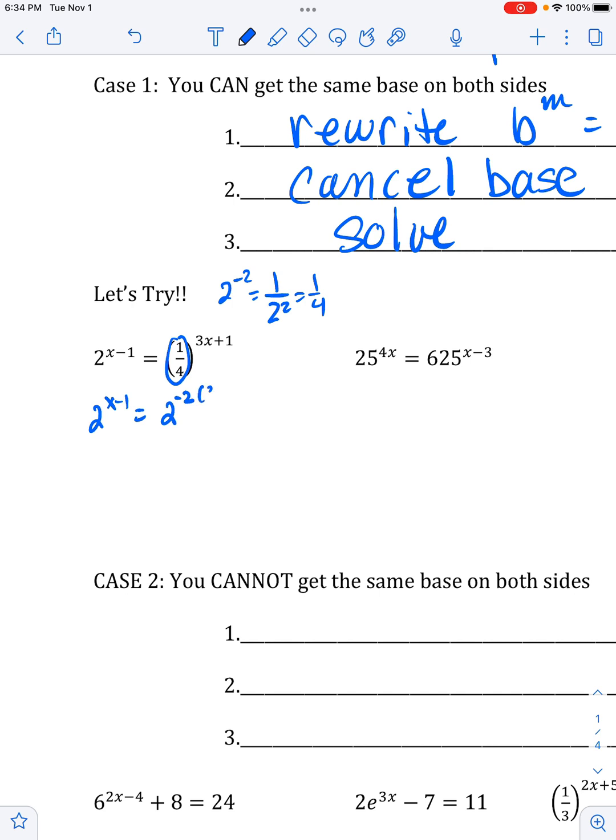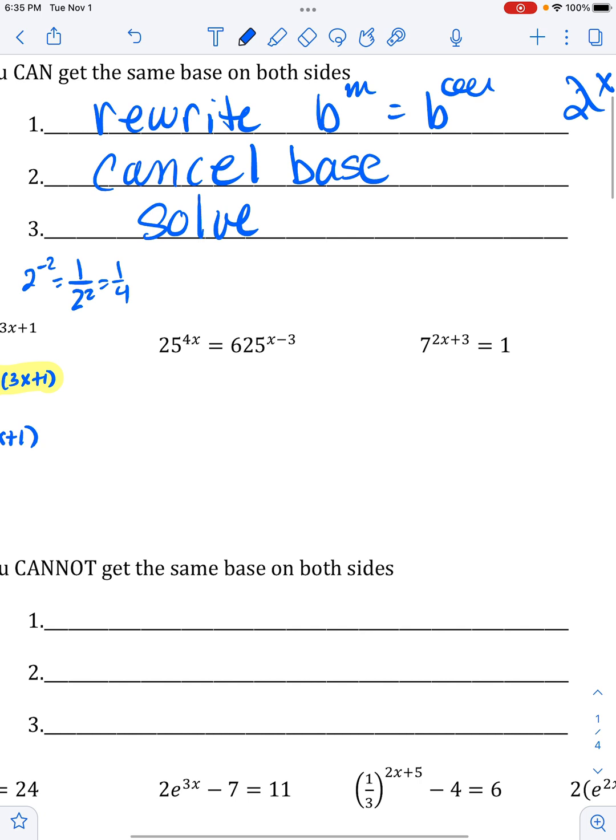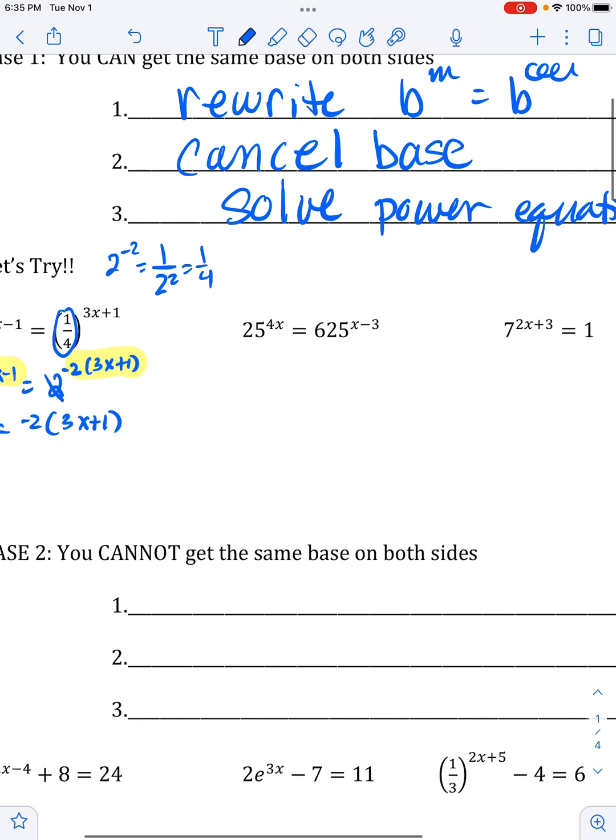But that negative 2 is now up in the power with the stuff that was already there. So now I'm going to cancel the bases, and what I have left to solve is the things that were up in the power. That's my power equation, and I'm going to go ahead and solve that. So I guess if you wanted to say up here, you could say solve power equation, if that helps you keep track of specifically what am I solving.